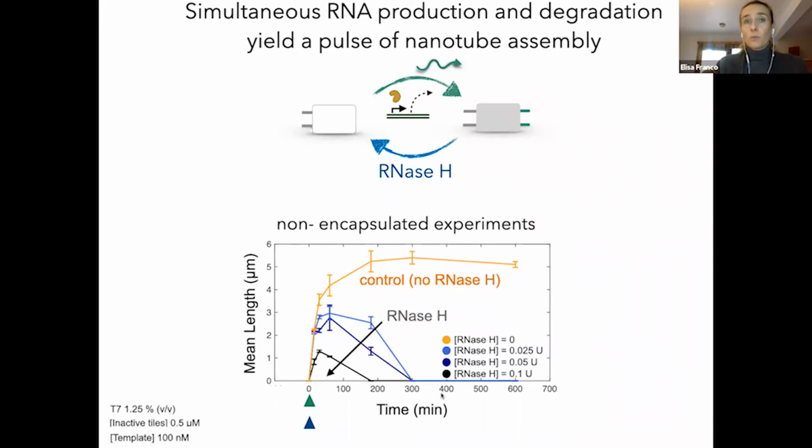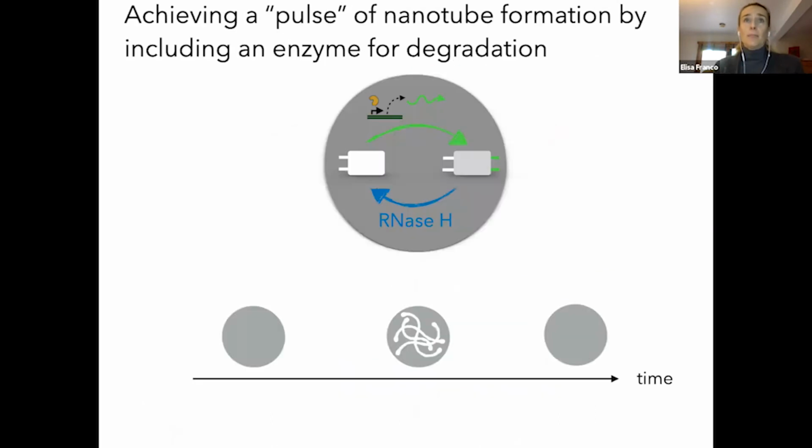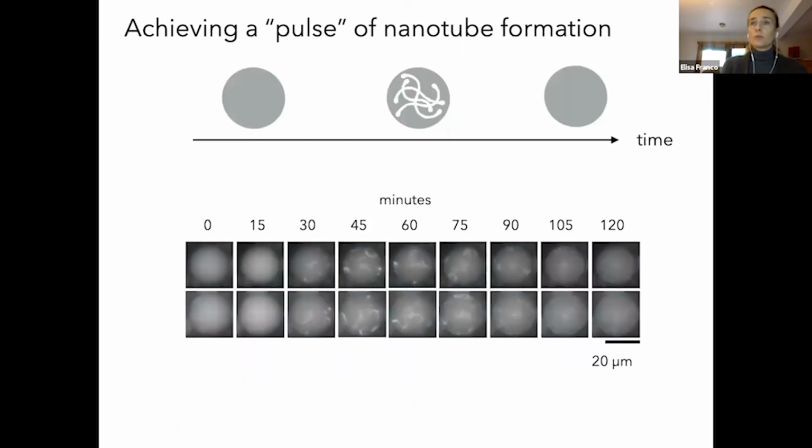Now, the idea is that we wanted to see if this could also be obtained inside droplets. And in this case, we would see inside our small compartment that nanotubes would form only transiently and then go away. And in fact, this is what we observed. So the bulk reaction that we characterized is portable to this little synthetic cell where you can run essentially the same thing.